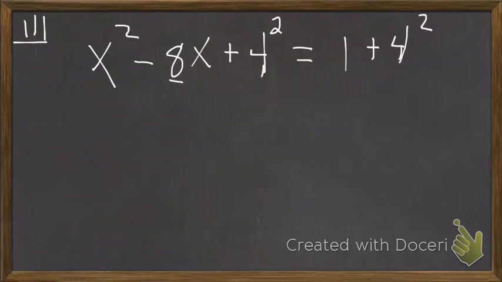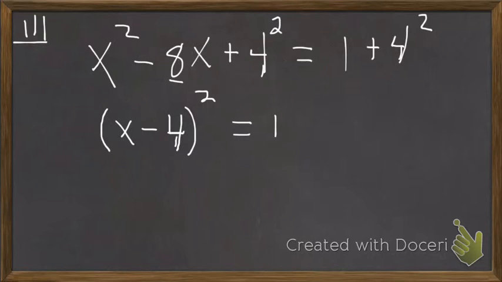So then this thing over here factors into x minus 4 squared equals 17. And now I can take the square root of each side.